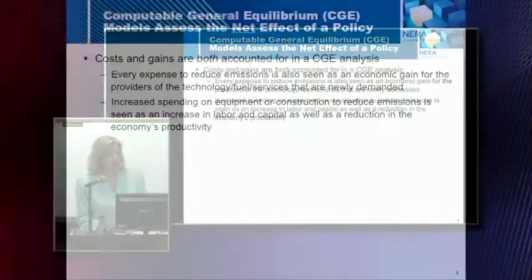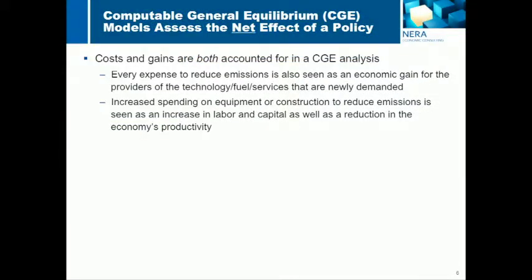Now, the typical type of macro model that's needed to assess a really wide-ranging policy, such as the Ozone NAAQS, is called a computable general equilibrium model, or a CGE. Just think of it as it finds the equilibrium. Computable just means it computes it.